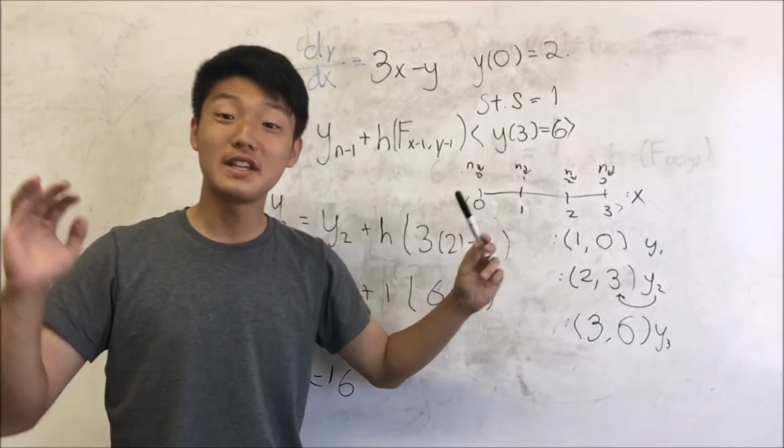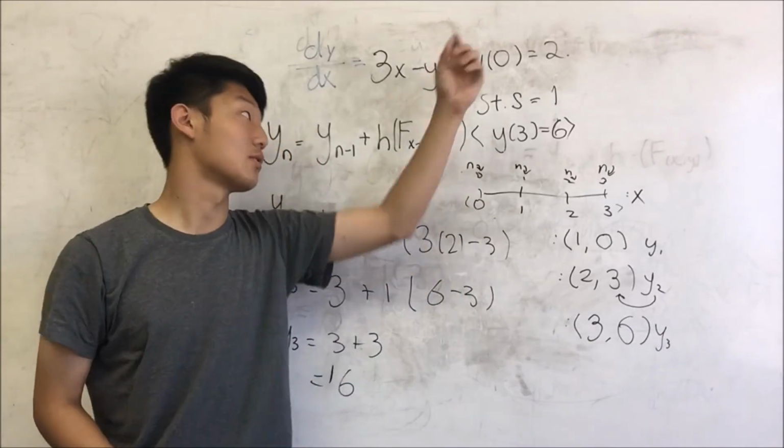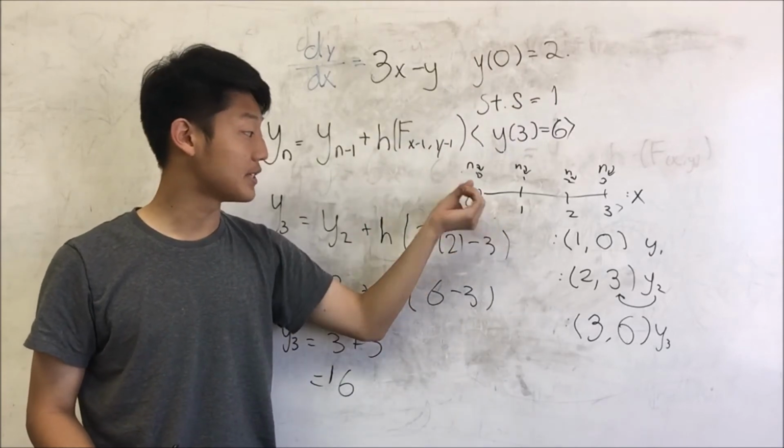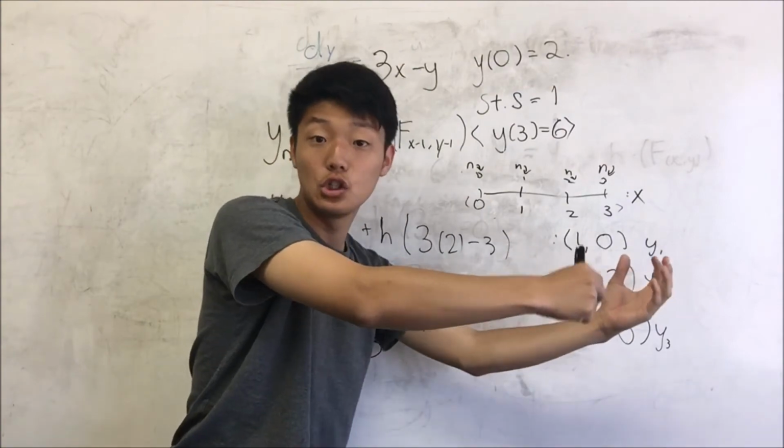So if the step size is 0.5, then start with 0 because normally initial is 0. So starting from initial value 0, 0.5, 1, 1.5, 2, 2.5.